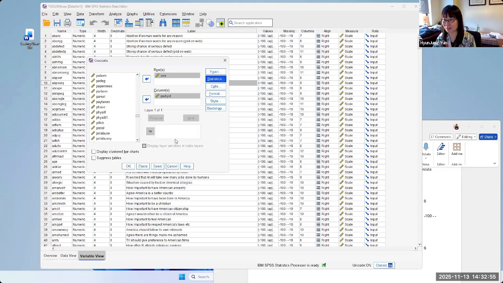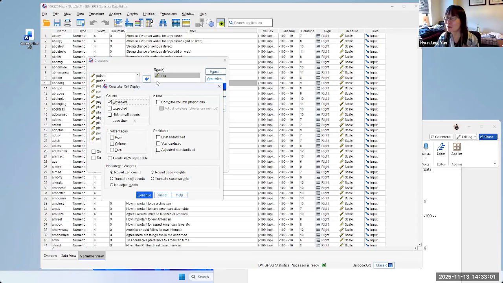And then the necessary step for us to do, go to cell, okay, before you run. Most of the time, you don't need to do all the additional stuff, but this is still part of a contingency table. We need to ask what we need. As we discussed in Tuesday's class, one of the requirements for the chi-square test is that we want a minimum sample size in order to make sure this test is valid.